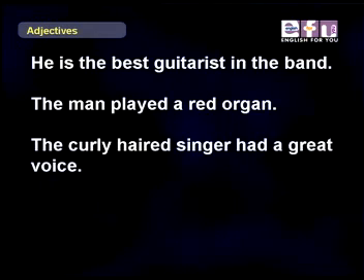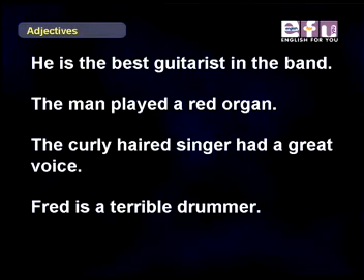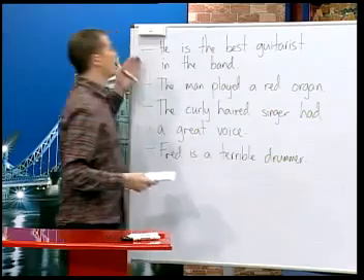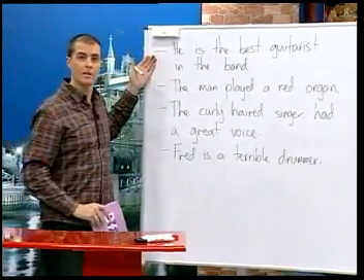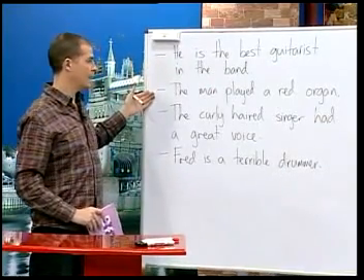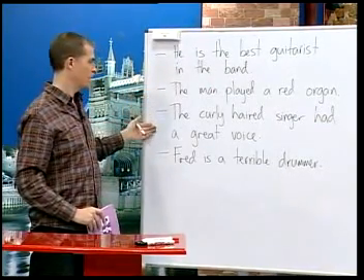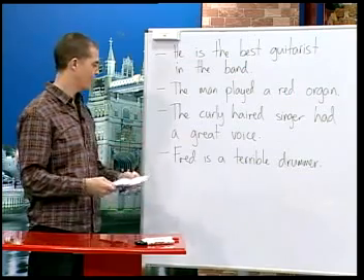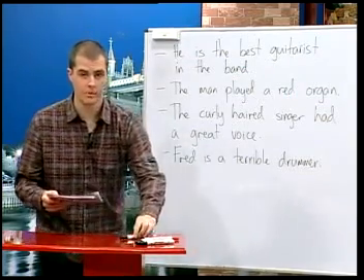The curly-haired singer had a great voice. And the last one, Fred is a terrible drummer. He is the best guitarist in the band. The man played a red organ. The curly-haired singer had a great voice. Fred is a terrible drummer.